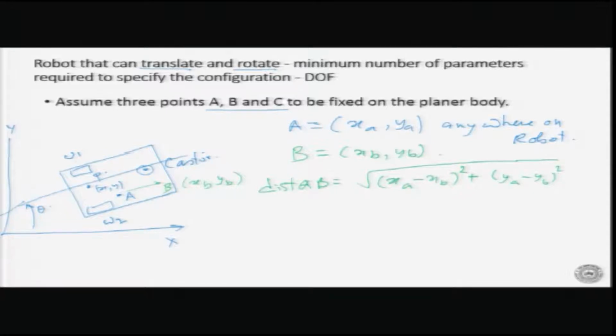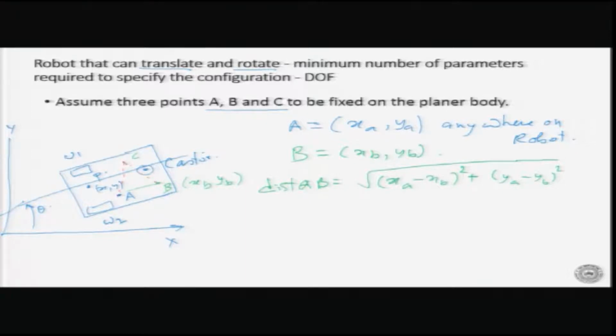Now, if I put a point C, C could be anywhere, but the moment I put C, the distance between AC and CB will get fixed.